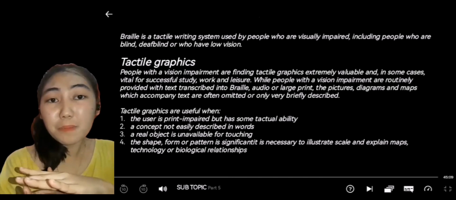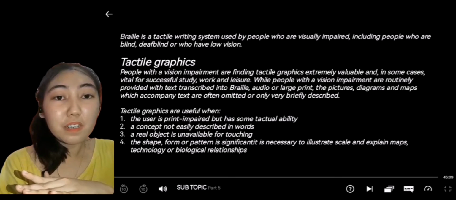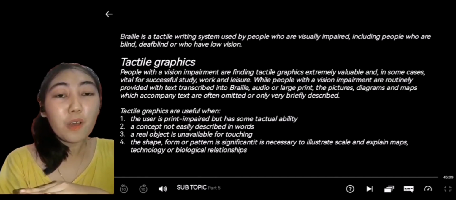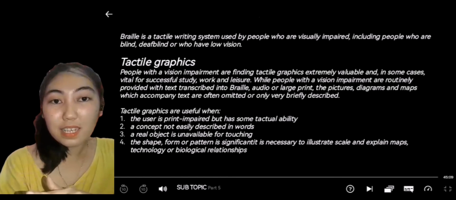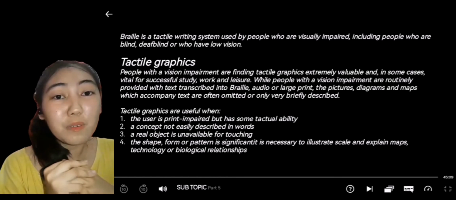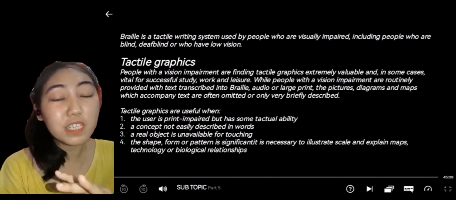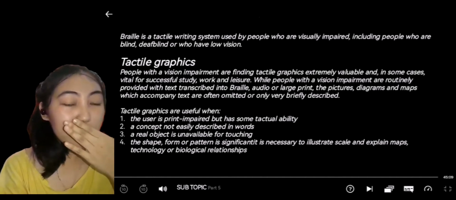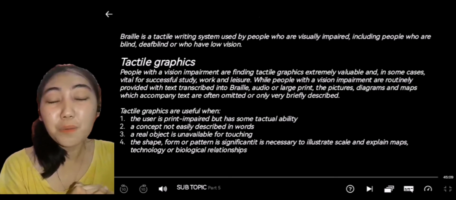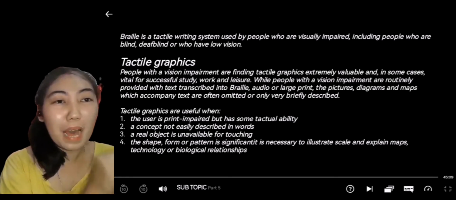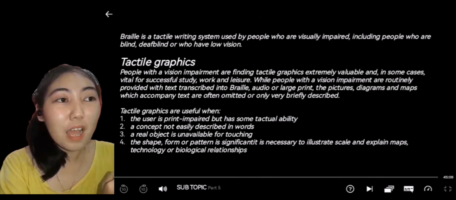Once touched by a blind person or a blind child, he or she would already know what it looks like, and it would be stored in his or her mind, so that once he or she touches it again, he or she would already know that it is a horse. That is the power of tactile graphics.